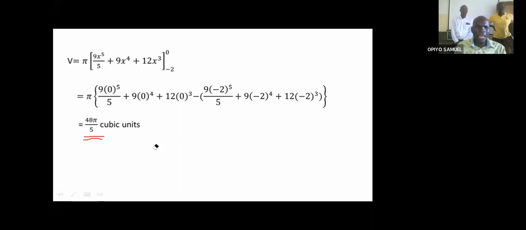So this is another area which is confusing to the students. But if you have got the concept on how we generated this integral, it becomes very simple. There is no need to memorize the formula for getting the volume.